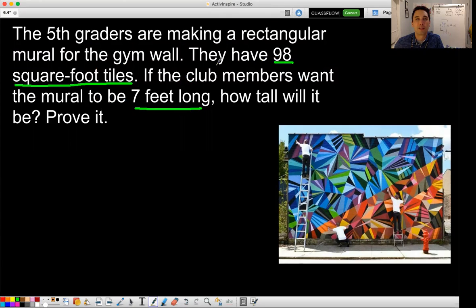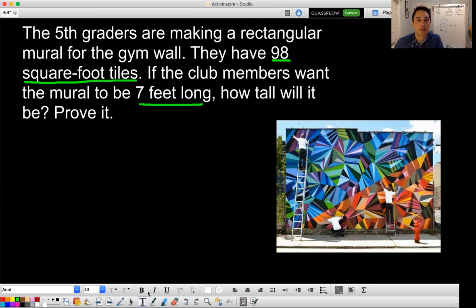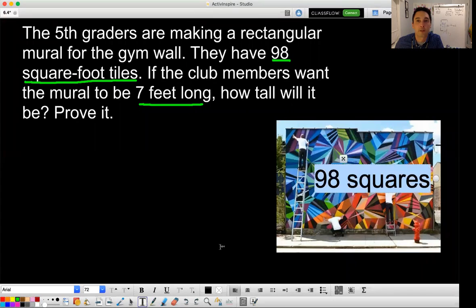What does 98 square foot tiles mean? It means that the space in here, the area or the array, is going to be 98 tiles or 98 squares, or 98 X's, or anything that you want to think of it as.